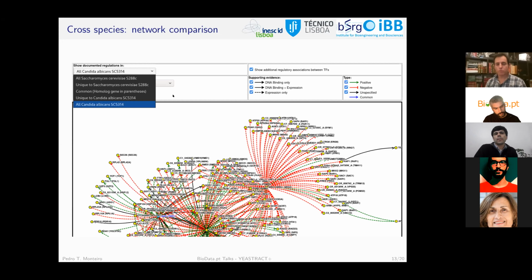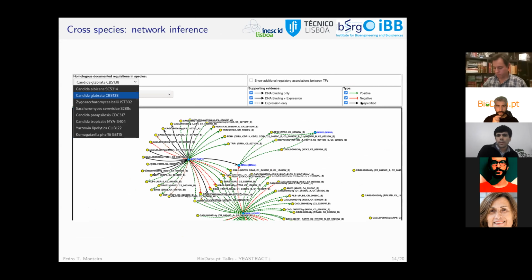And then we can check the same network in another species and compare it. And so we can easily select the network only in one species, only in another species, unique to a given species, unique to the second species, or common to both species, and see the common regulatory network between them. Also, we can filter by supporting evidence or type, of course.